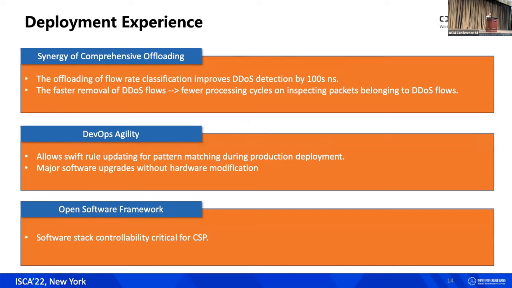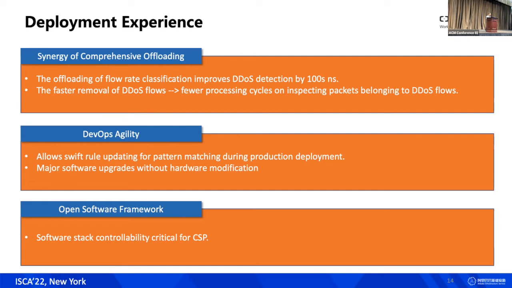So I'll come to a few lessons here. Based on our deployment experience, there is really a synergy of comprehensive offloading. The offloading of flow rate classification improves DDoS detection by 100 nanoseconds. This improvement allows faster removal of the DDoS flows, which means fewer processing cycles are spent on inspecting non-relevant DDoS flows, which further improves the regular expression matching engine.